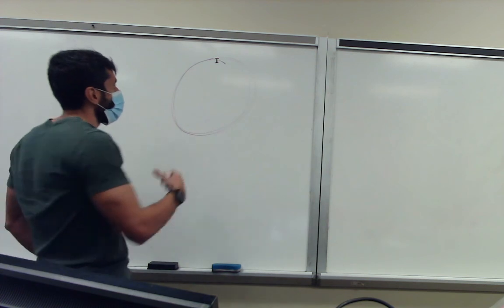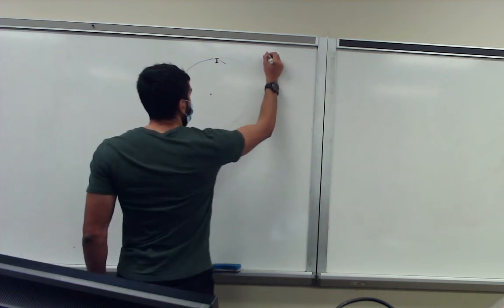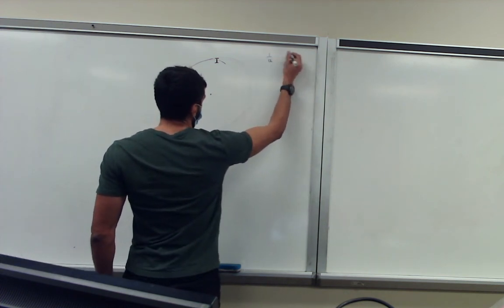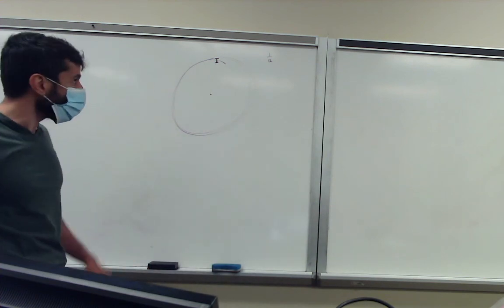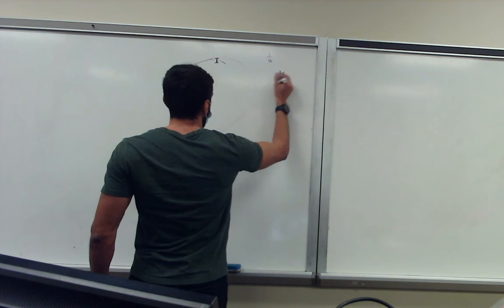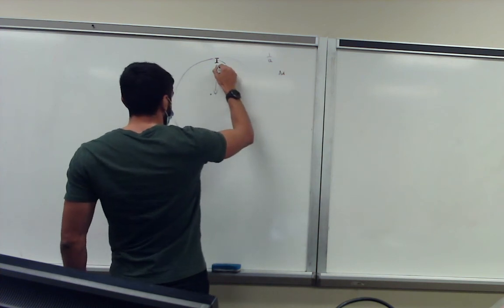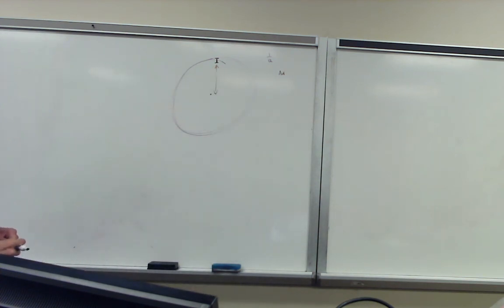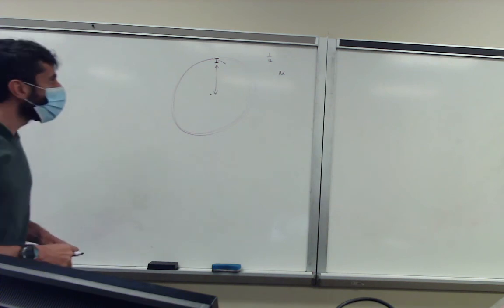This I stiffener has two components. It has basically the 1/12 blah blah blah component, and it has the standard term to it, so the AD part towards this distance right here. You get basically a similar type of problem on the exam.